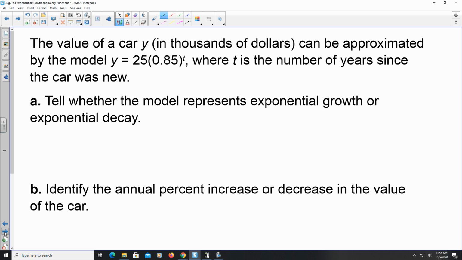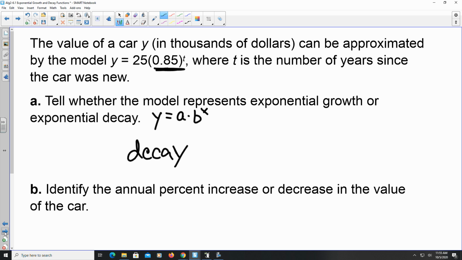Again, if you look at the general form of this, instead of it being x, it's t. Whatever is being raised to the t power is 0.85. Well, 0.85 falls in between 0 and 1, so this is an example of a decay.